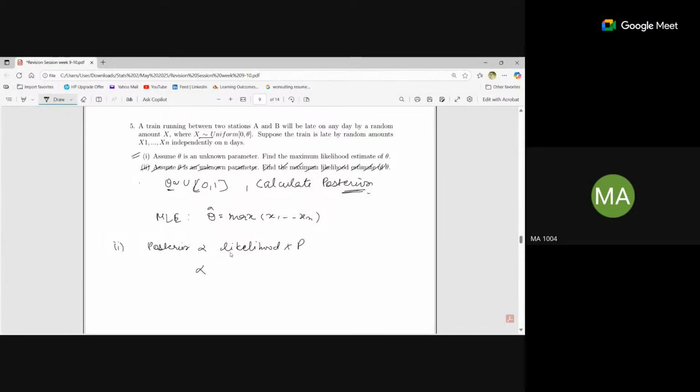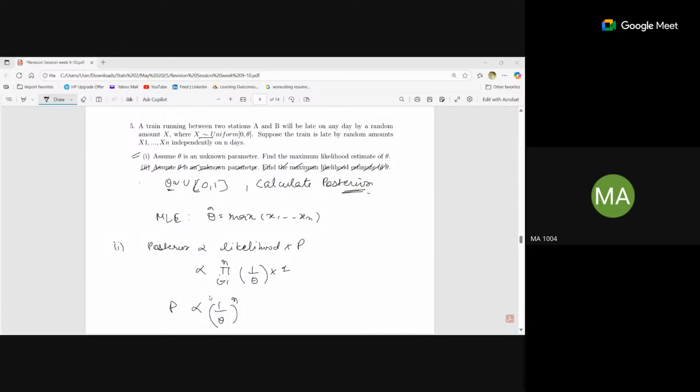What is my likelihood function? It will be the product over i from 1 to n of 1 by theta, into my prior. Prior is uniform 0, 1, so the PDF is 1. So this will be equal to 1 by theta raised to the power n. So my posterior is directly proportional to 1 by theta raised to the power n.